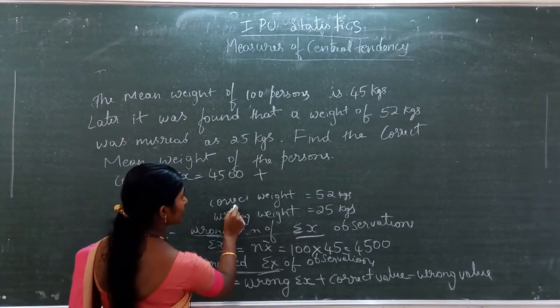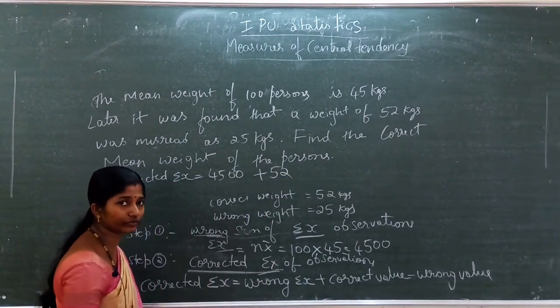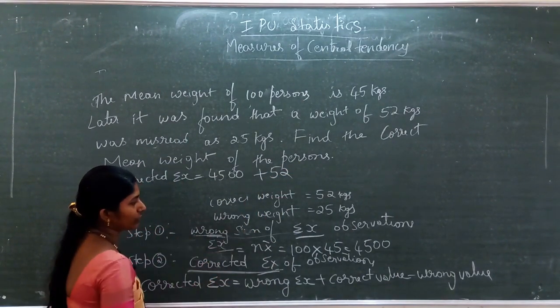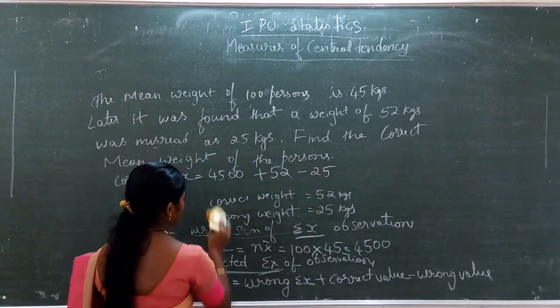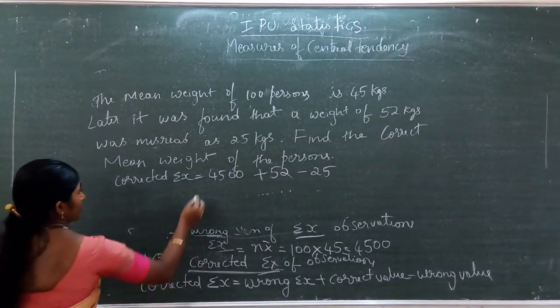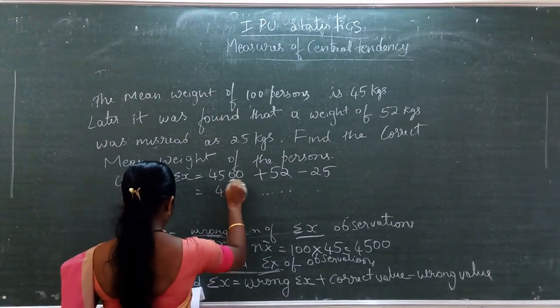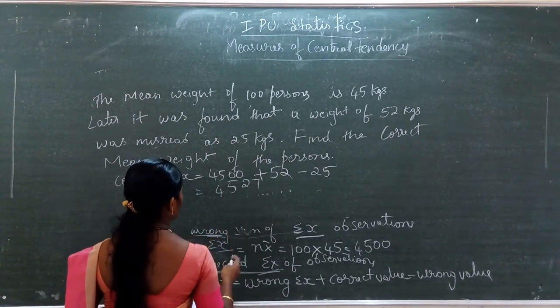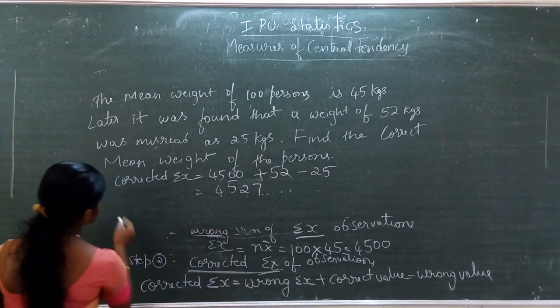This is the corrected weight, 52. You have to take the correct value as a plus and the wrong value as a minus, 25. Now calculate this one. We get the answer 4527.